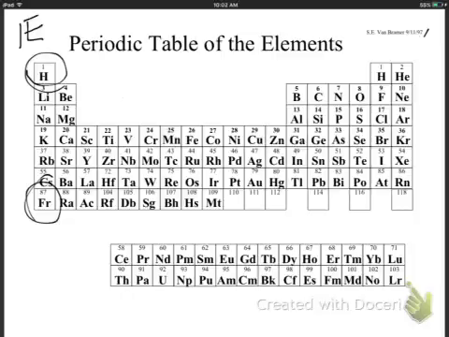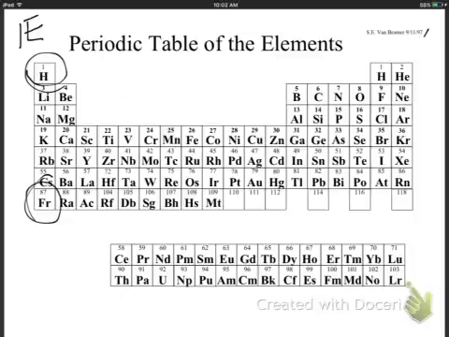I mean, it's still pretty easy. It's group 1, but comparatively, it takes less energy to pull the electron from francium than it does from hydrogen. Hydrogen, if you ask nicely, will give you its electron. Again, these are metaphors. Francium throws its electron at you as it walks past.